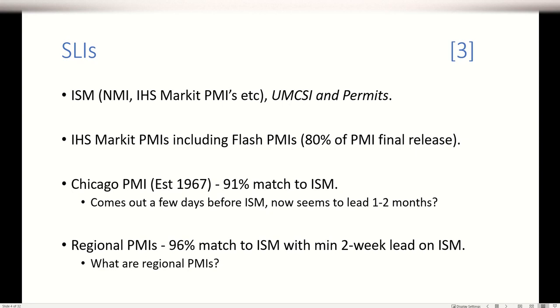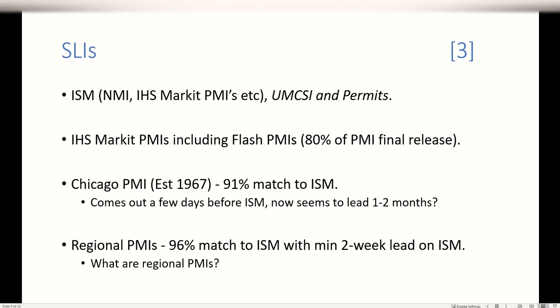There's a certain amount of PMIs for Germany, France, Australia, United Kingdom, America, and Europe that IHS produce that come out a couple of weeks before the official PMI, and these are called flash PMIs, and they're 80% of the initial release. And the markets move on those, and usually, if you see when the market PMIs come out and nothing happens, it's because they've already priced it in from the flash PMI.